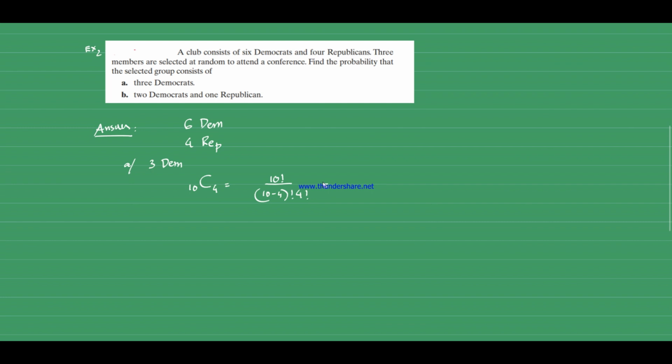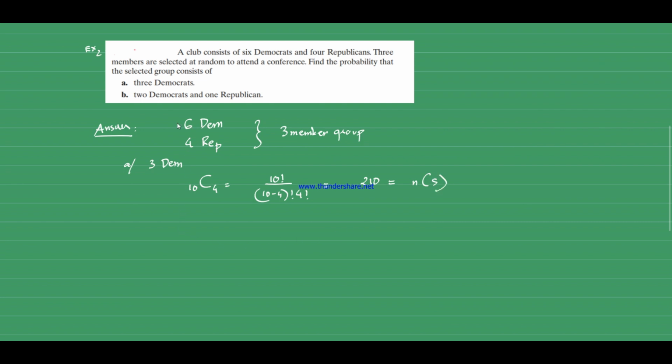Okay, so you have 210 options to pick three members, because we want to pick three members. So this is the sample space.